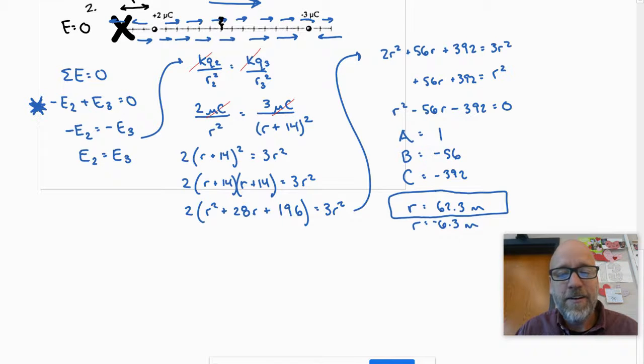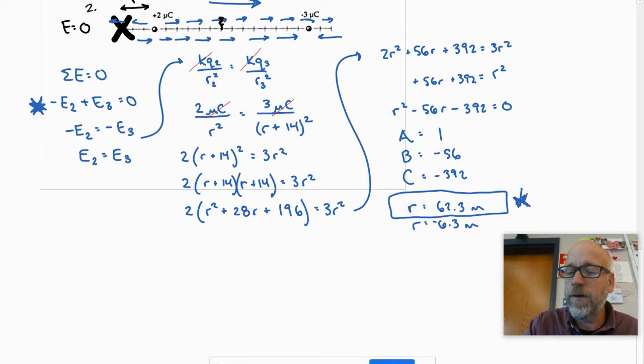Mathematically, we would end up with a positive value for R. That's going to tell me the distance it is to the left. The negative 6.3 would be the answer for if it was in the middle of those 2 points.